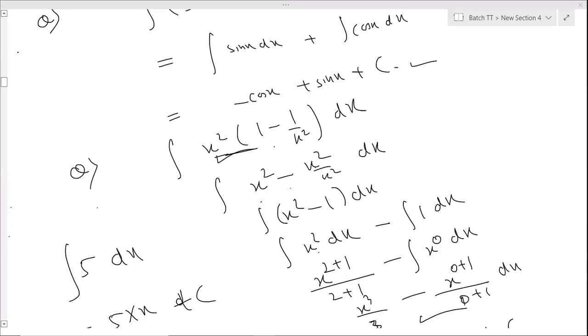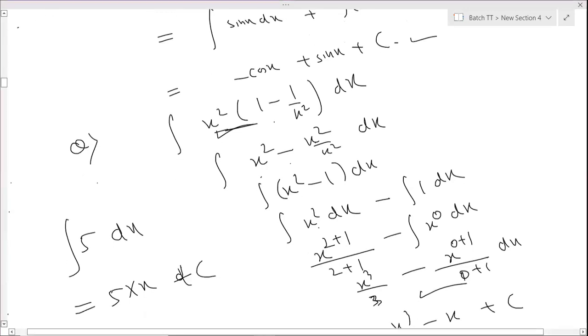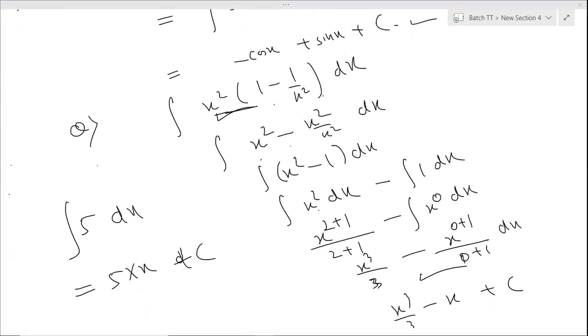Now you can separate the integrations. This is x square dx minus 1 dx. Now this is the formula for x to the power n. So integration of x to the power n is x to the power n plus 1 upon n plus 1.